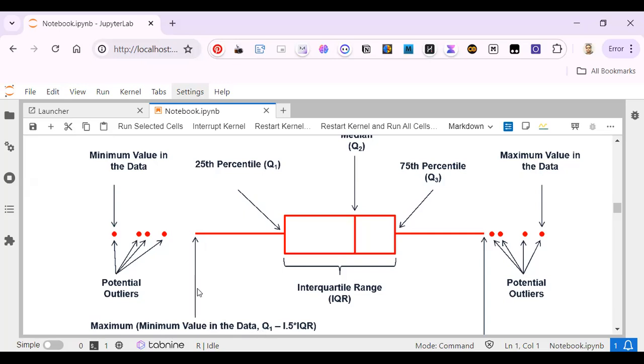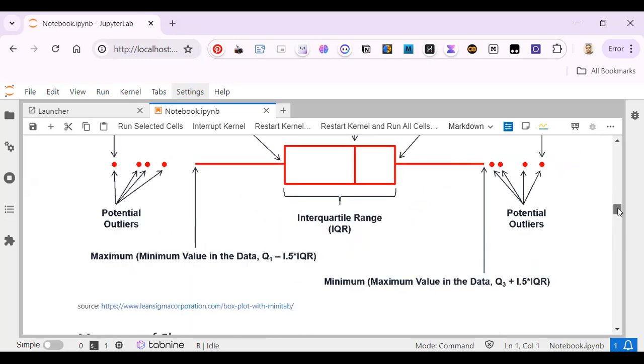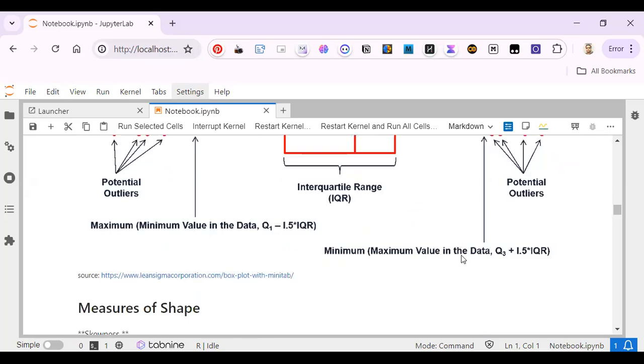And this is the maximum value in the data, Q3 plus 1.5 times IQR. What is IQR? IQR indicates the interquartile range, meaning Q3 minus Q1.